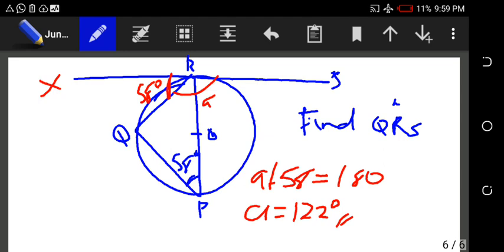All right, so like I've already said, this will mark the end of our series of studies on circle geometry.